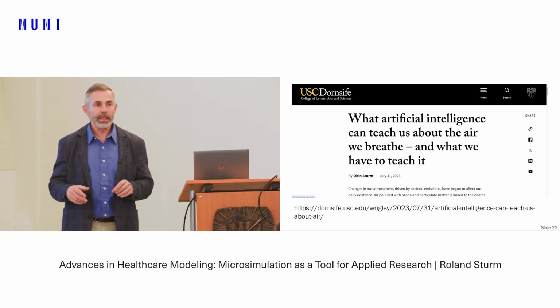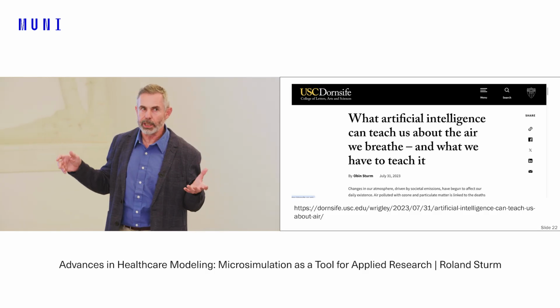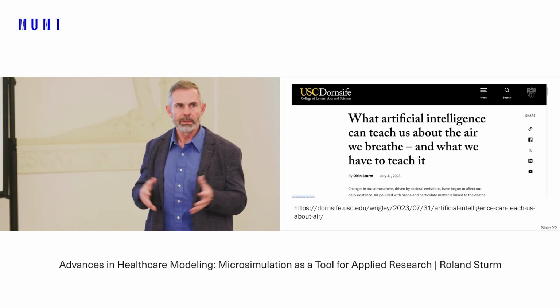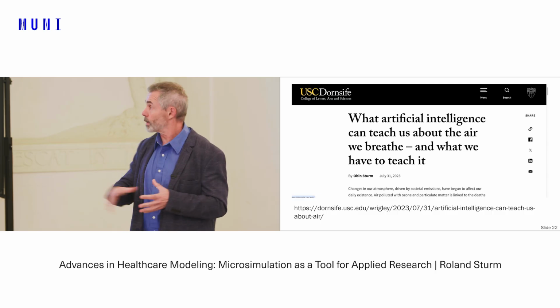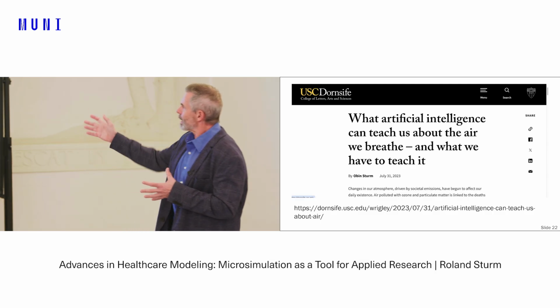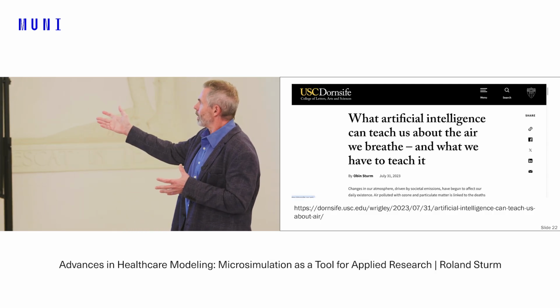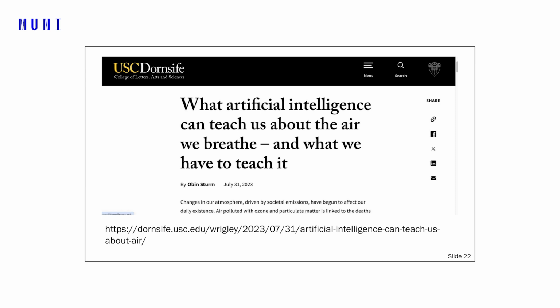Data first. So I'm an economist, but I'm not the only person who has developed it. In fact, in the hard sciences there is now a new area that is sort of science-informed machine learning and science-informed AI. My son made his career as an AI machine learning person. He's a chemical engineer, atmospheric scientist, and he has sort of a little paper he did recently. Search for the title, What Artificial Intelligence Can Teach Us About the Air We Breathe and What We Have to Teach It.